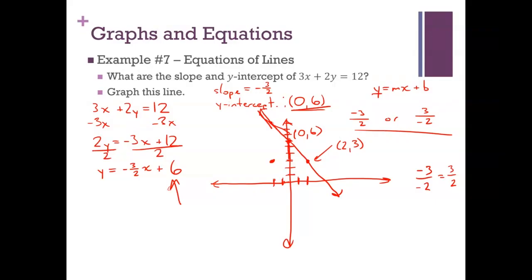If I let my rise be -3, I'm going to go down 3 places. And I let my run be +2, I go to the right 2 places. That'll always get you to another point. Slope is not a coordinate.